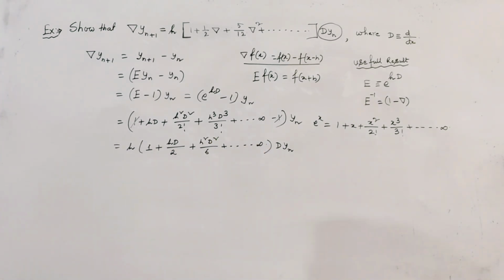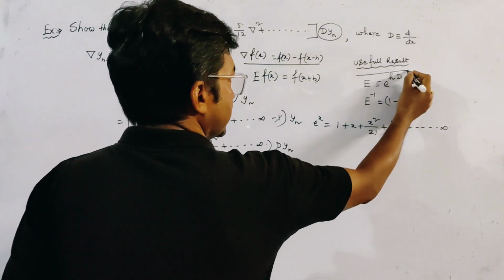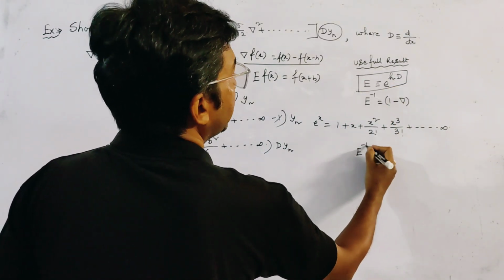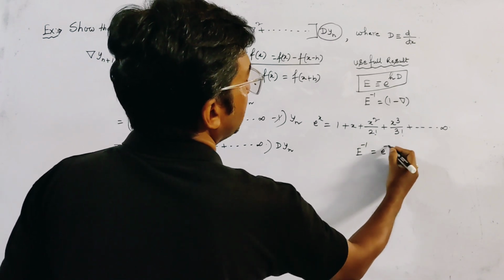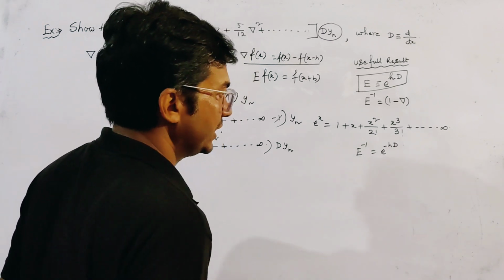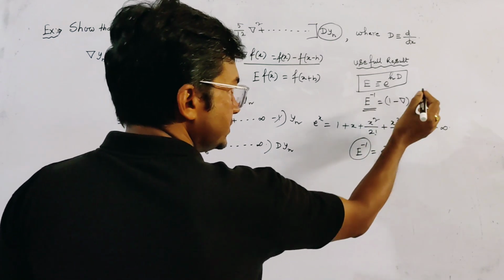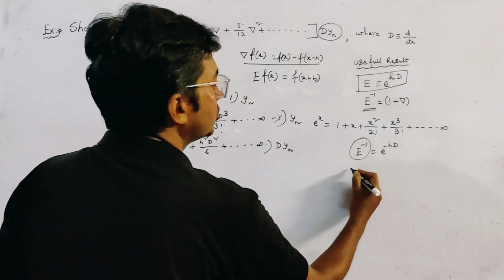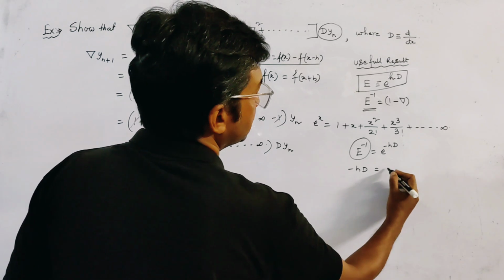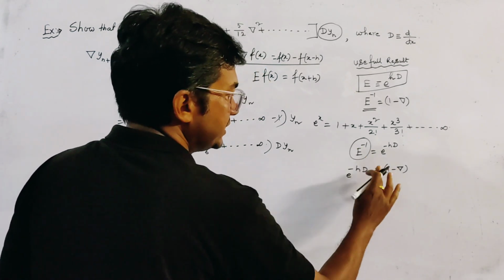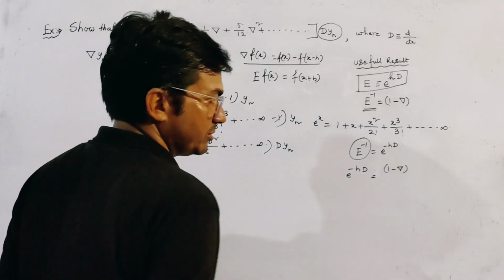Now from the first relation, we get E to the power minus 1, which is equal to e to the power minus hD. Putting the value of E inverse, which is equal to 1 minus nabla, we get e to the power minus hD equal to 1 minus nabla.